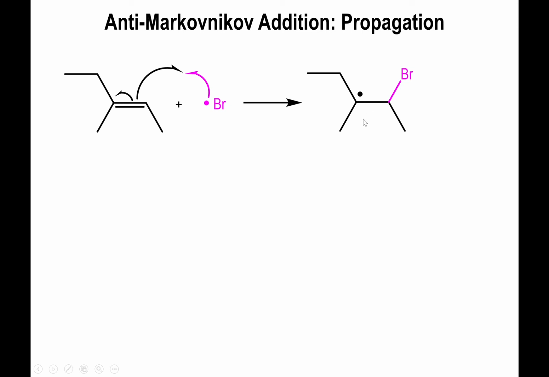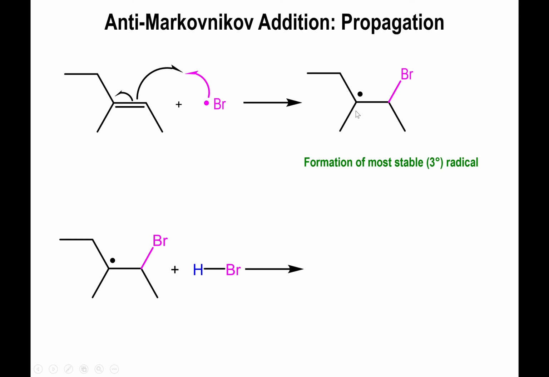Because tertiary radicals are more stable than secondary radicals, which themselves are more stable than primary radicals. So if bromine attaches to the carbon that has the most H's, because it's a radical, it will lead to formation of the better, more stable radical, in this case a tertiary radical. If you were to attach to the carbon with the least amount of H's, you will produce a secondary radical, which is not as stable.